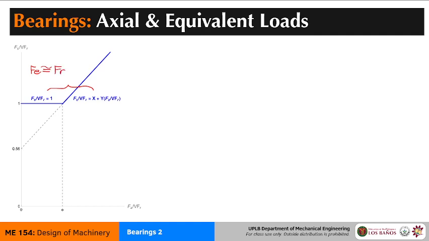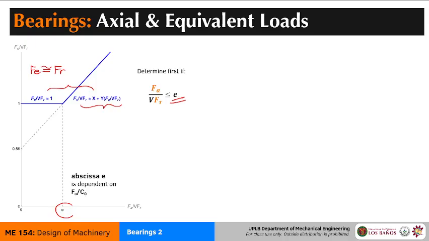So the actual load before this point doesn't really matter. However, once you exceed this value here, then it will start to behave like a line. So perhaps you might be interested: what is this abscissa here?